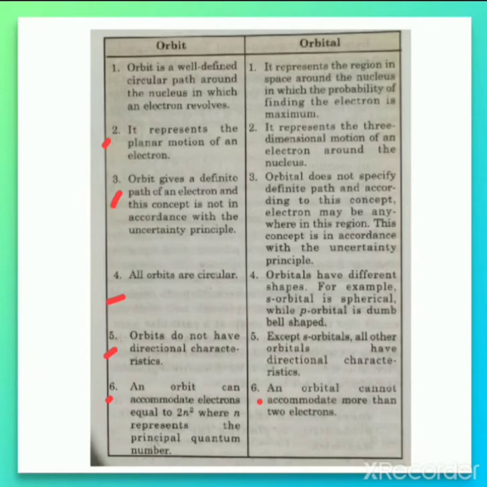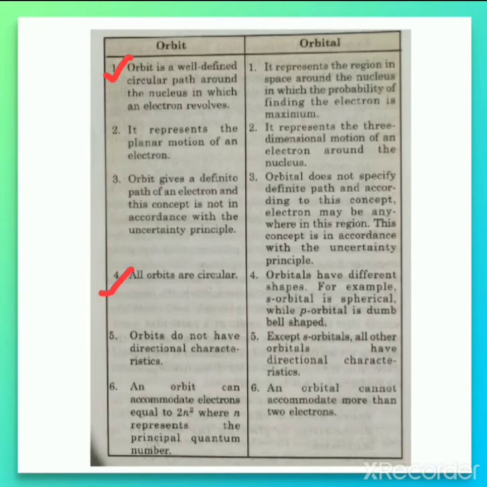From this, the most important points which you need to remember are the first point and the fourth point. These are the 2 points which you need to give when the question is asked to differentiate between orbit and orbital.